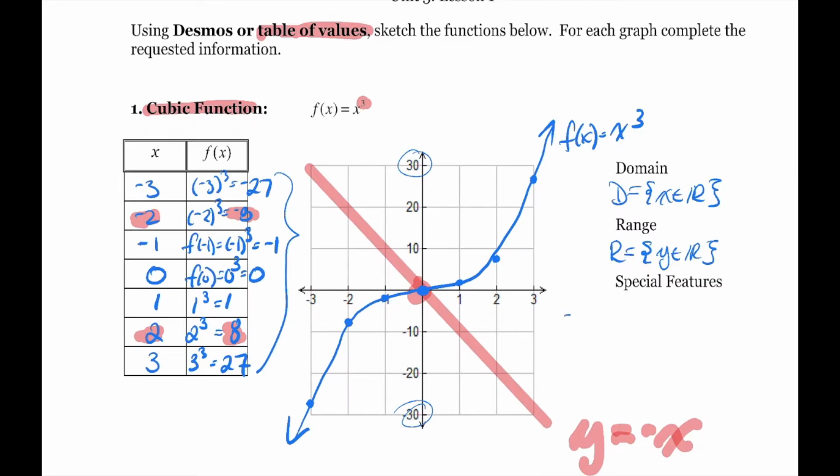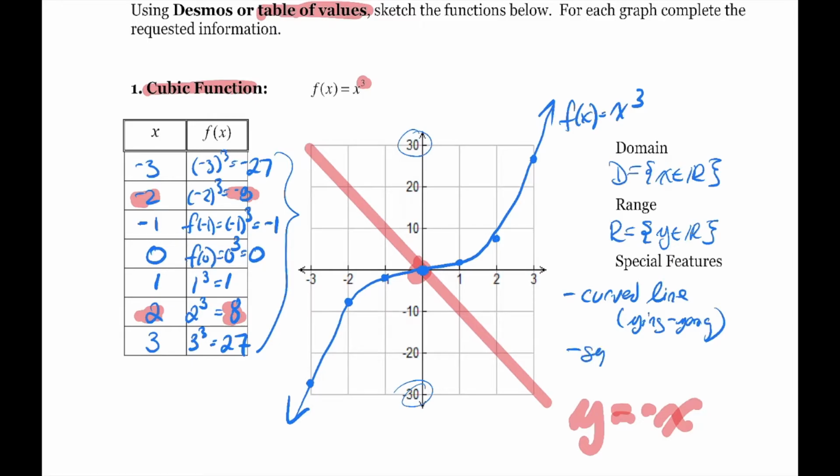So special features: this is a curved line, and maybe you could think of it, it looks like a yin-yang. It's symmetrical across y is equal to minus x.